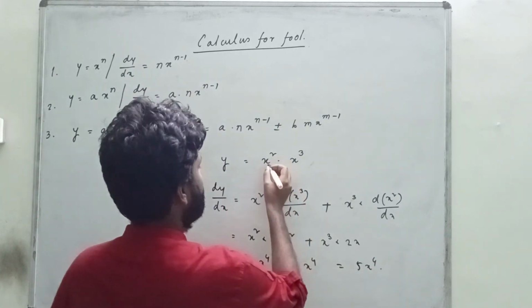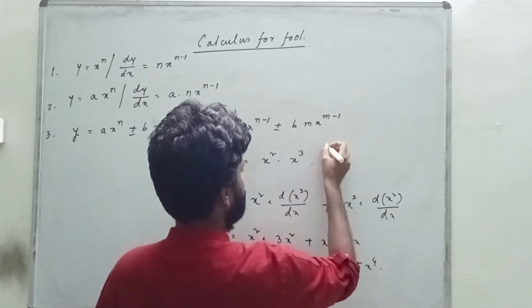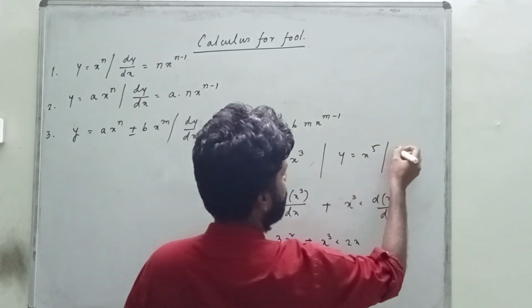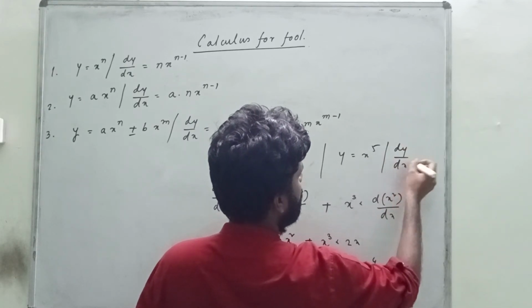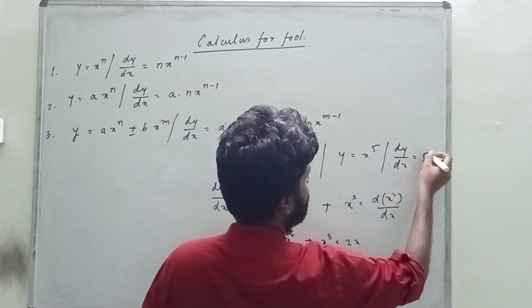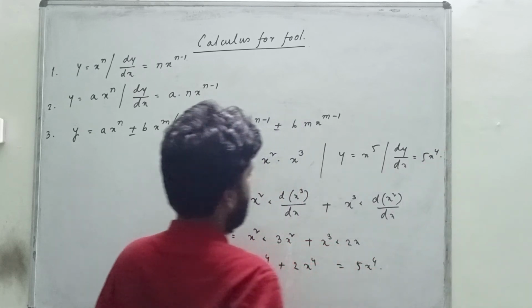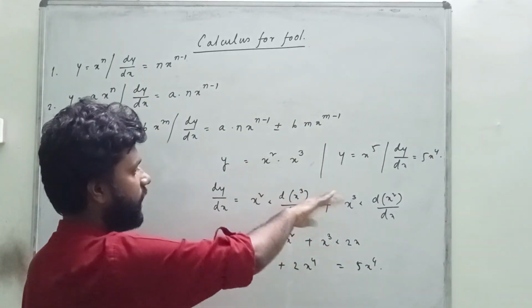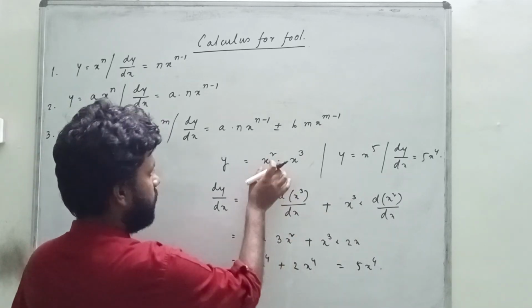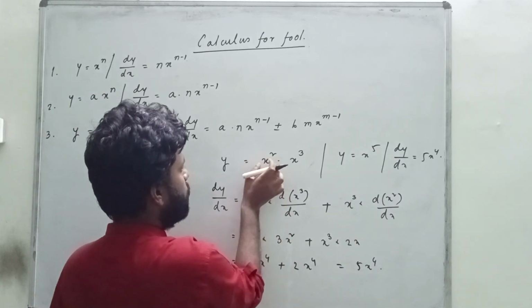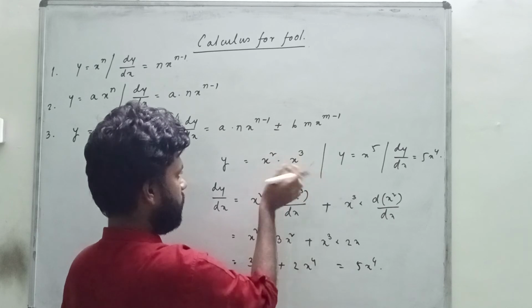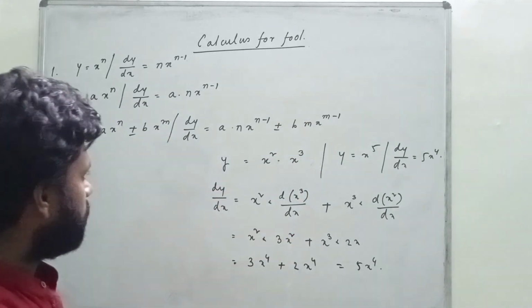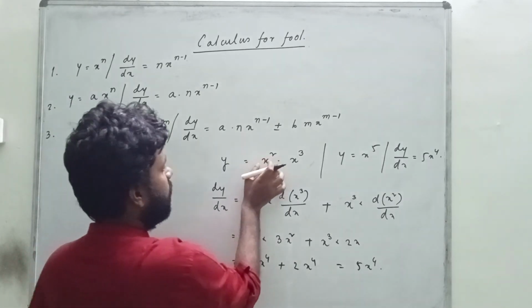So if it is x squared into x cube, you can write y equals x power 5 and calculate dy dx here. You will end up with the result 5x to the power 4. And if I introduce another rule, if there are two functions, obviously all of you know what functions are, I introduced them in the previous lecture.